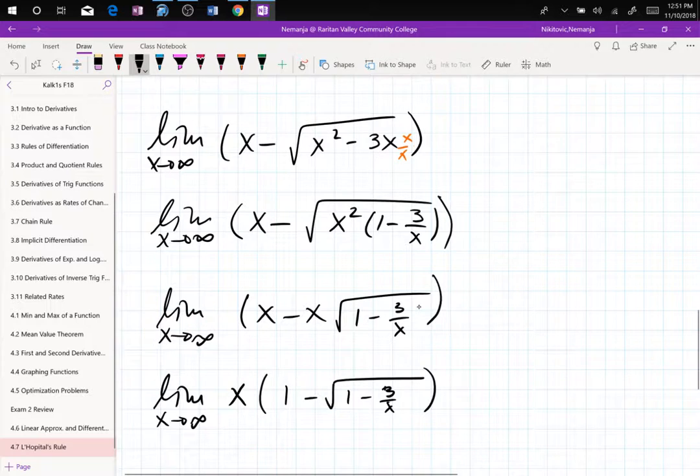Whole ton of algebra. We already factored twice. And finally I have multiplication. Plug in infinity. Let's see what happens. Try yourself to plug in infinity.